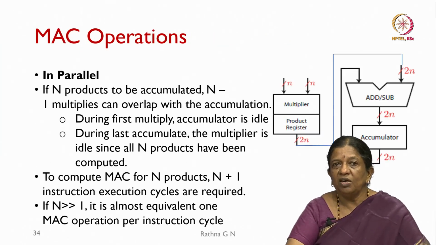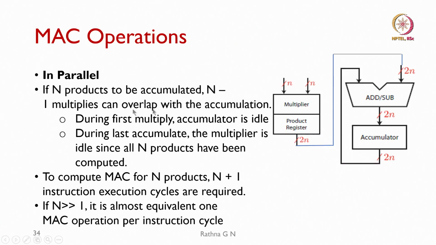So, coming to MAC operations, we said that in parallel it is going to happen. So, what are the things we needed? If n products are to be accumulated, we know that we need n minus 1 multiplies that can overlap with the accumulation. That is, during the first multiply, the accumulator is going to be idling.